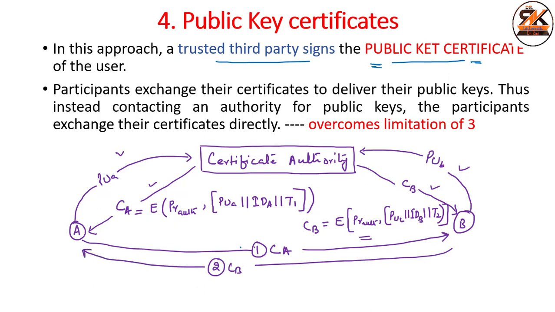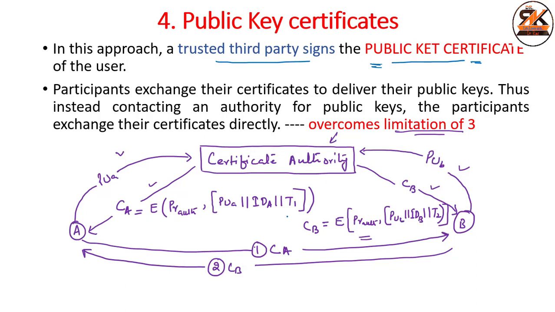So in this way, they can share their public keys in this particular scheme, and there are just two messages which they exchange and they get the public keys of each other. Okay, so this is quite a simple scenario, and it also overcomes the limitations of approach number 3, where we had the dependency on the trusted third party, so that is avoided here.